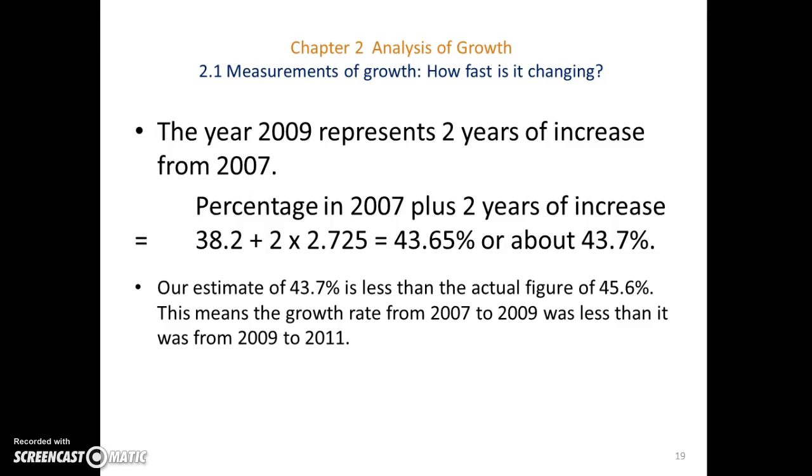So we start with the percentage in 2007 plus 2 years of that increase. And that results in 43.65%. Our estimate of 43.65% is less than the actual figure of 45.6%. This means that the growth rate from 2007 to 2009 was less than it was from 2009 to 2011.